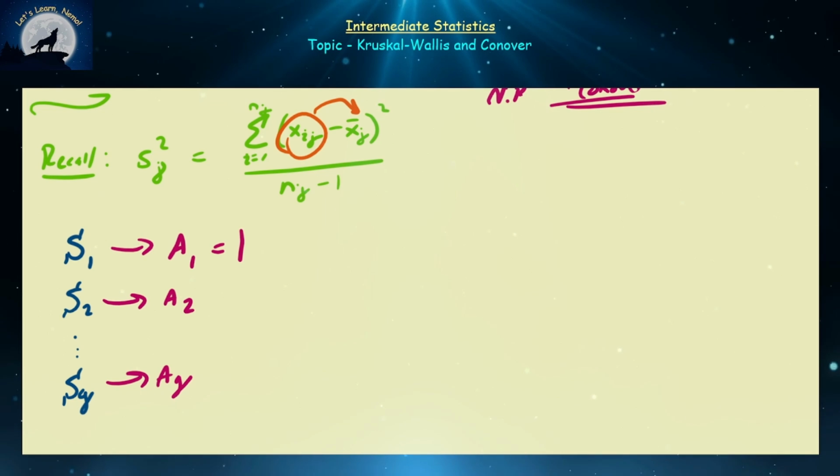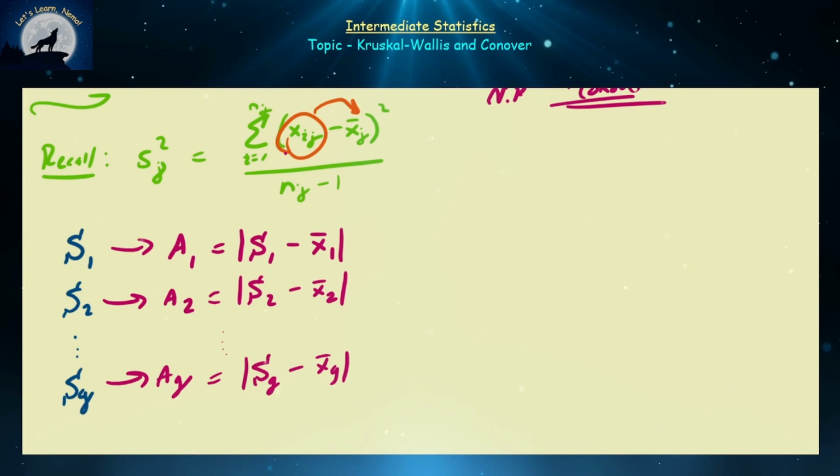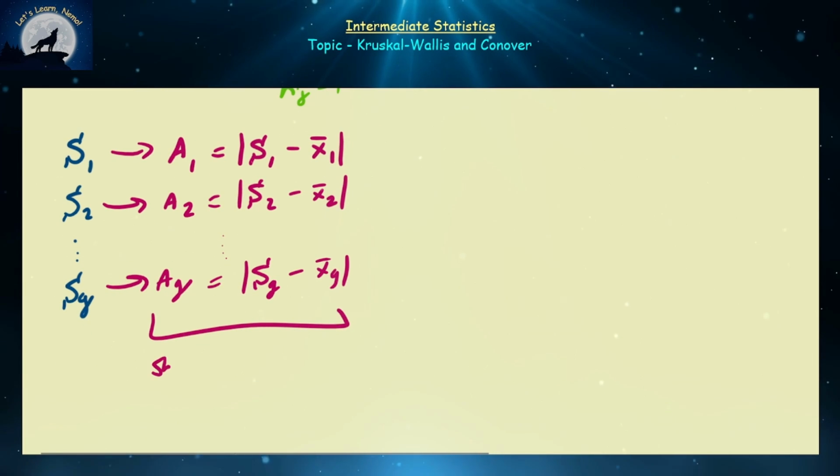So we're going to take the absolute value of the original set S1 minus the mean of X1, the original S2 values minus X2, and that's going to continue all the way down to the set G minus the average of set G. So it's pretty much doing the same exact thing as we did for the normal variances. So what we have here, these A's, these are just shifted absolute values.